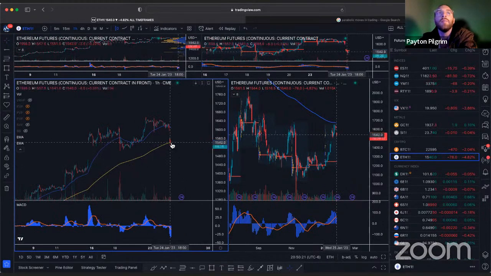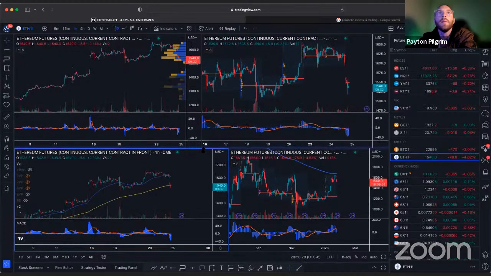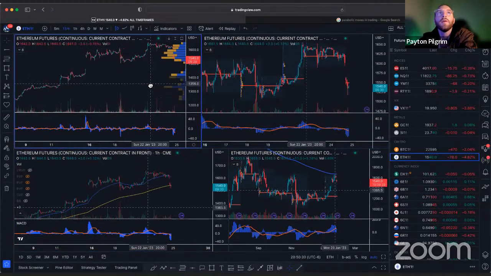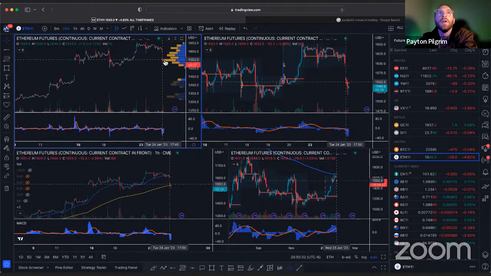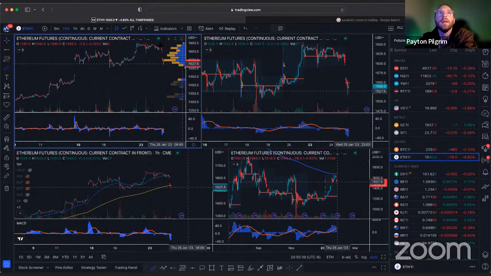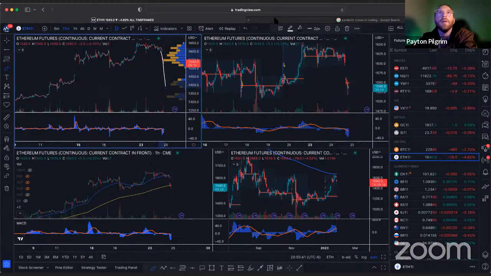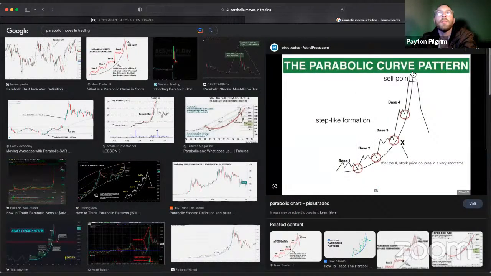And with Ethereum being here already, this will give us a clear indication, because if this slips any lower, it's coming all the way down here. And if that's the case, then that's the blow off top of this parabolic curve.